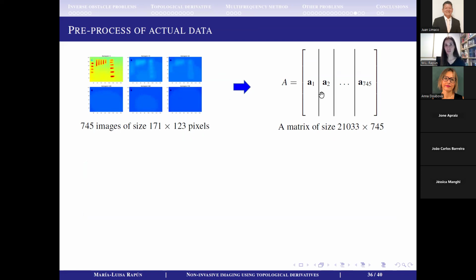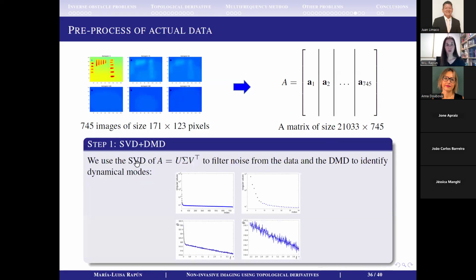So it's the first column, the second column corresponds to the second thermogram, and we do so for all our images. Then to this matrix, we apply the singular value decomposition to filter noise. So the original signal was the measurements here in blue, and after the process, you get the clean values in black.